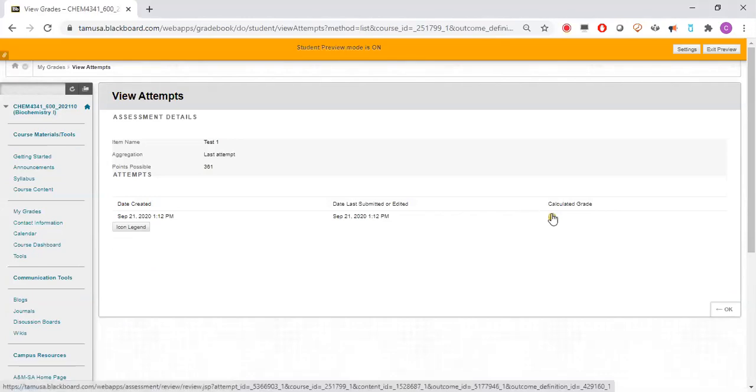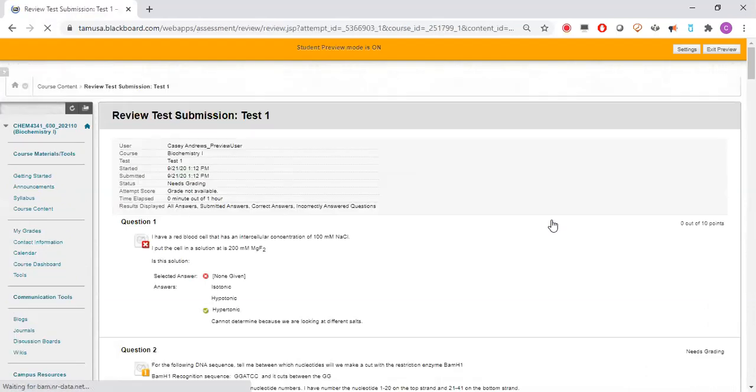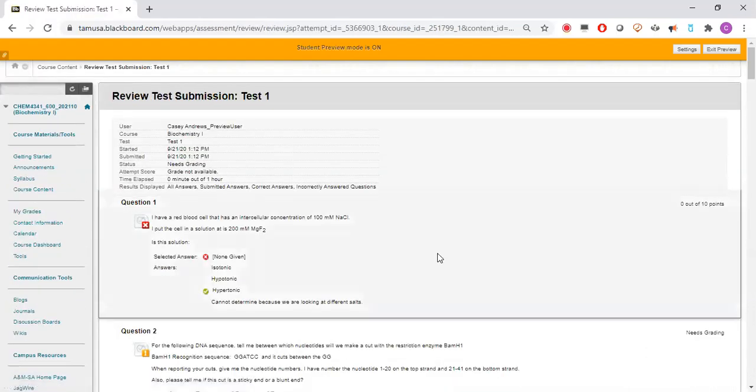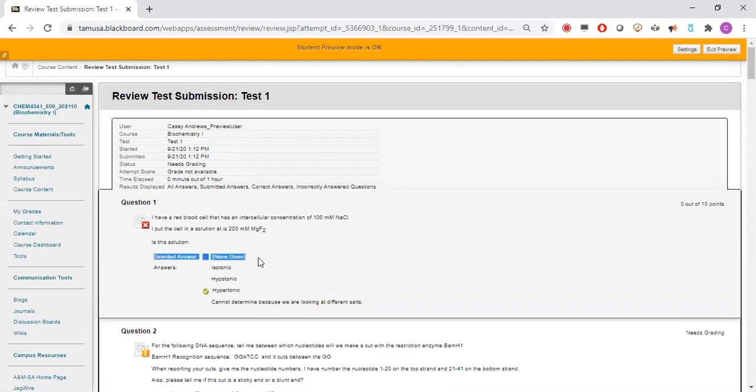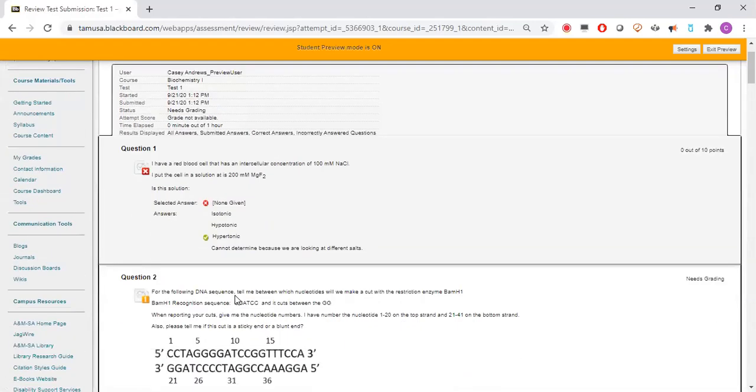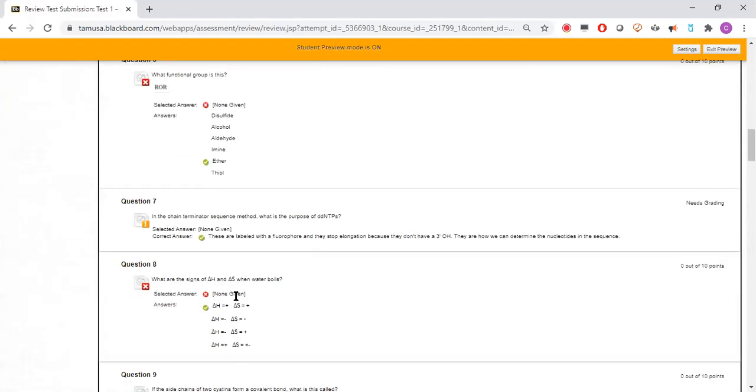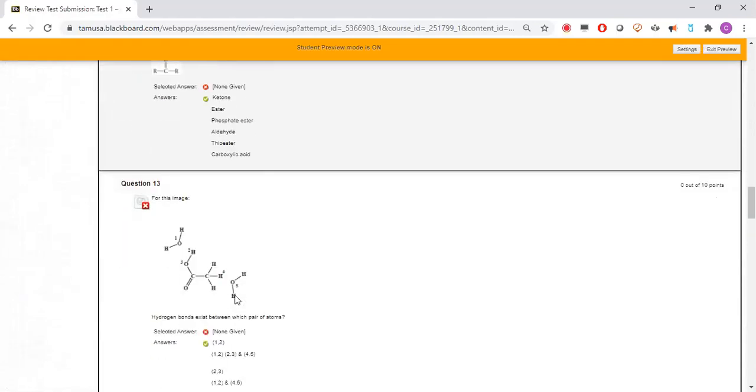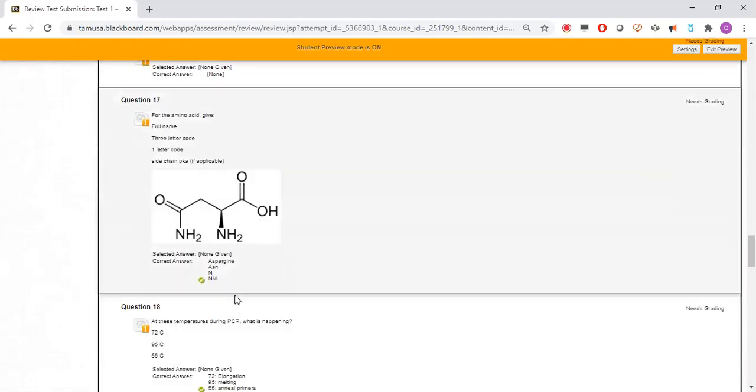Here, I haven't graded my own test, the one I just submitted as a student, so that's why you saw the exclamation point. But if you click on your score, you should be able to see your answers, so your selected answer is here, and the correct answer. So just about every question should have the correct answer underneath it.